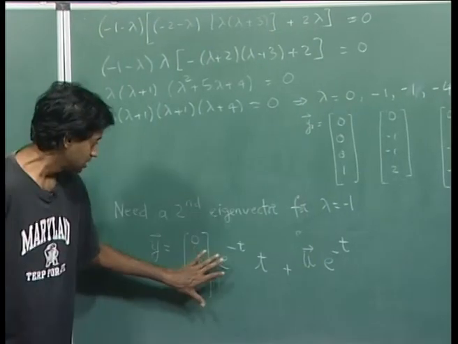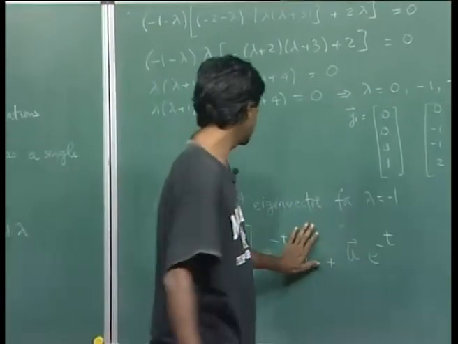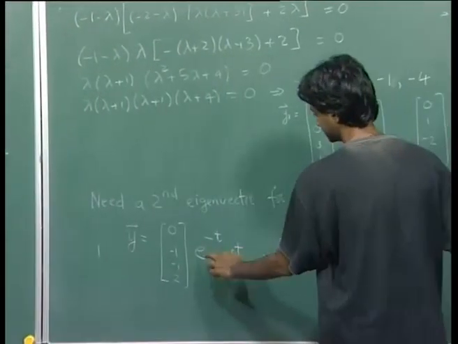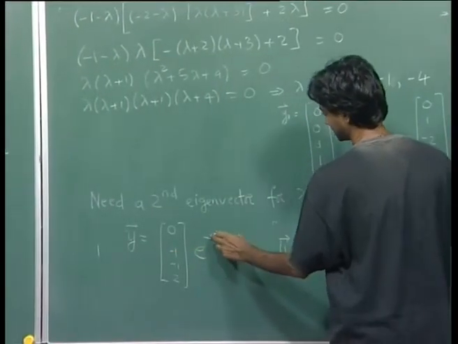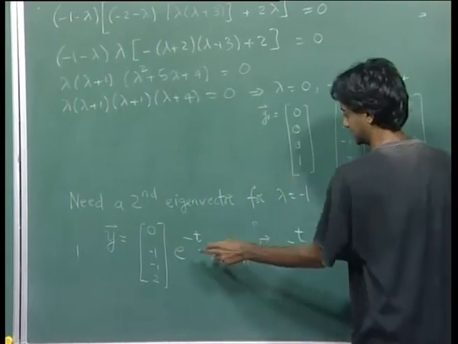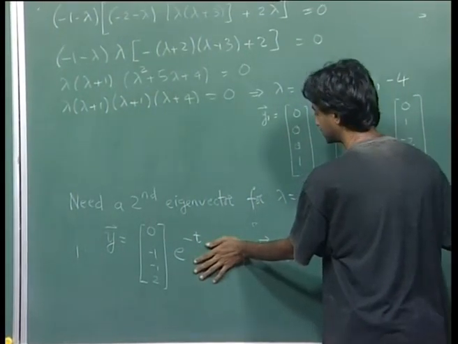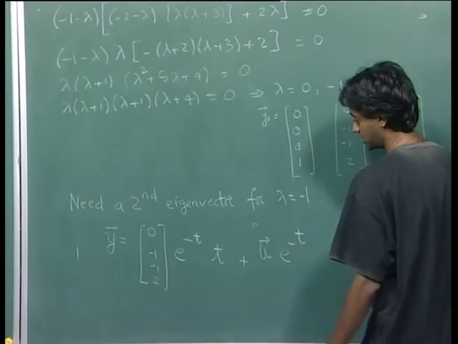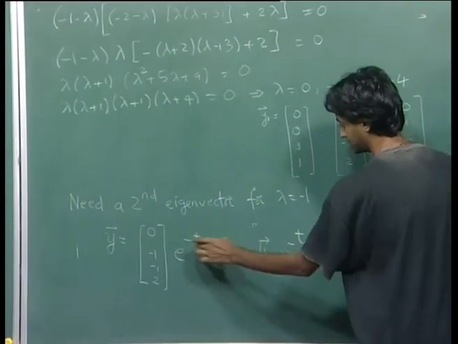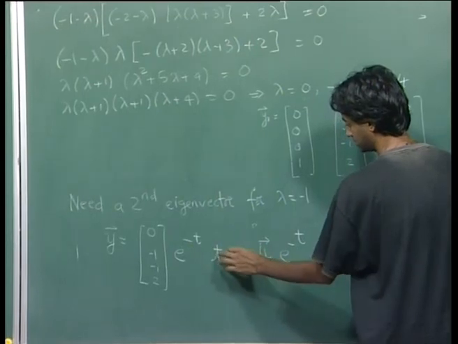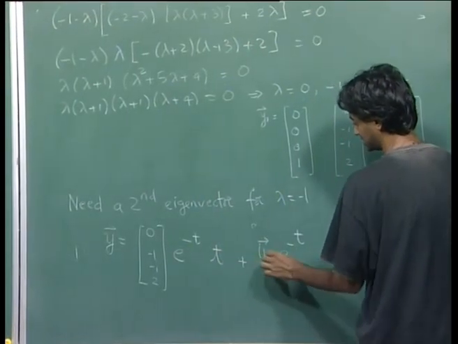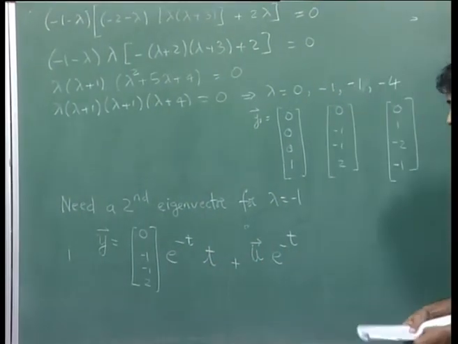So this part is y0 e to the lambda, which is -1, t. So this is a solution to the differential equation. Now we want a second independent solution, so what we will do is take this solution, multiplied by t plus a constant.